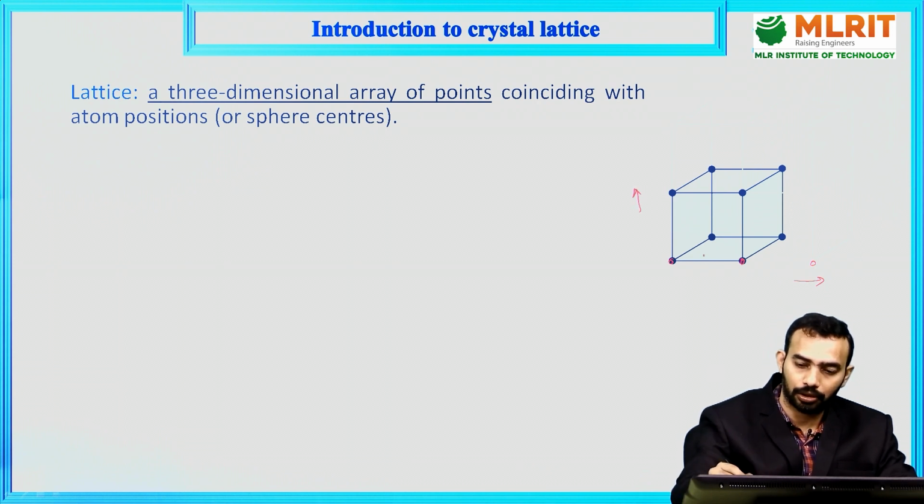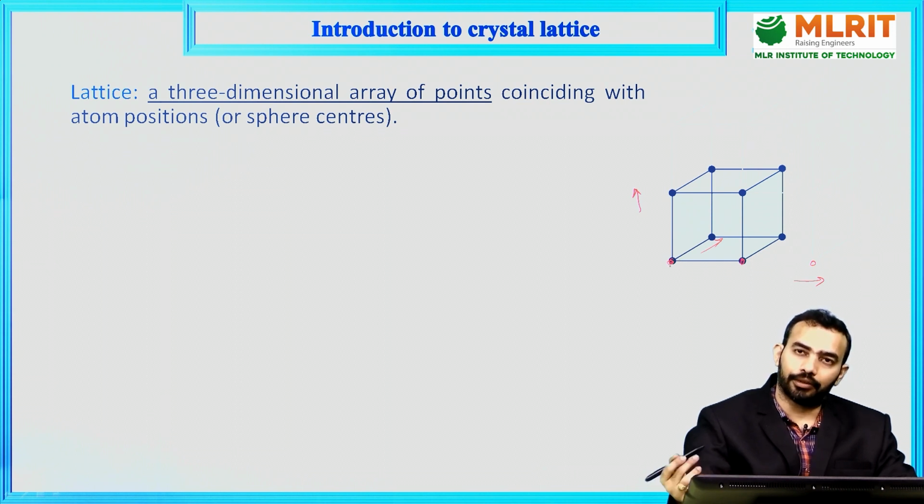If you look at the Cartesian coordinates x, y and z, all the directions in three-dimensional space, all these points are systematically arranged, and these points are considered to be spheres that indicate atom positions in the material.